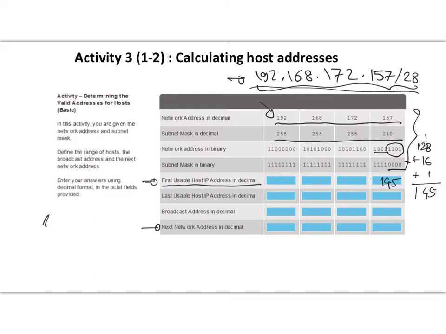Explain: 128, because we have to make these 4 bits 0 first to get the network address, not the first usable address. So what's remaining is this one, which is equivalent to 128, and this one, which is equivalent to 16. So 128 plus 16 is 144. Plus 1 is 145, because we need the first usable host address.